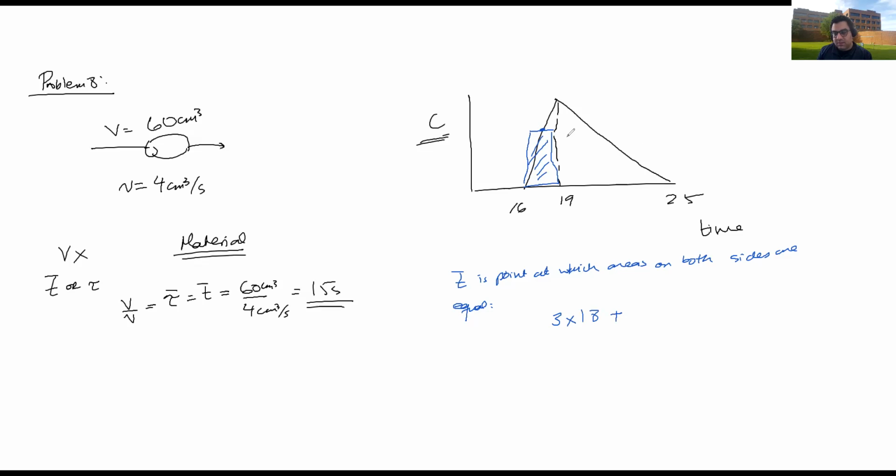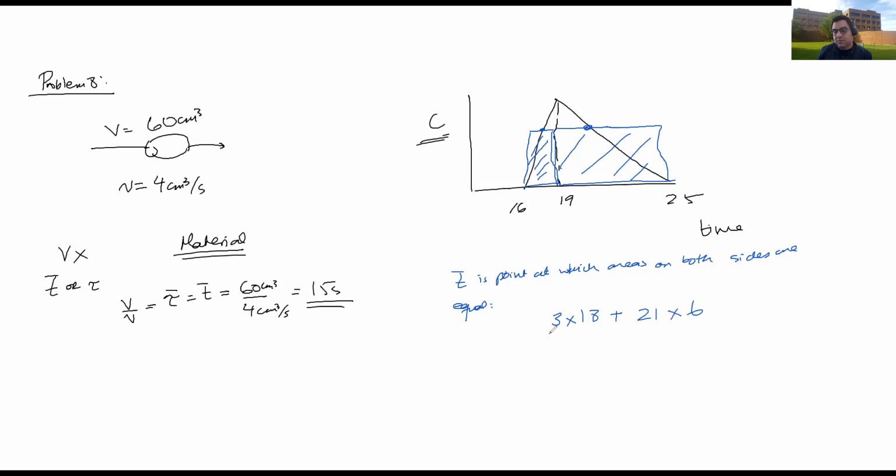plus on this side, same idea. The area of this triangle right here is equal to a rectangle that is 1/3 from the top, 2/3 from the bottom of your rectangle. So here 1/3 from the top, 19 to 25, that's 6. 1/3 is 2. 19 plus 2 is 21 multiplied by 6, right?